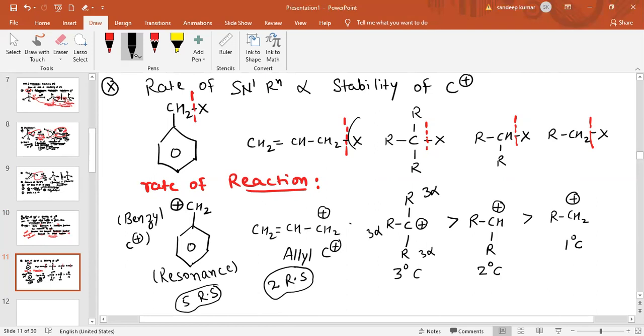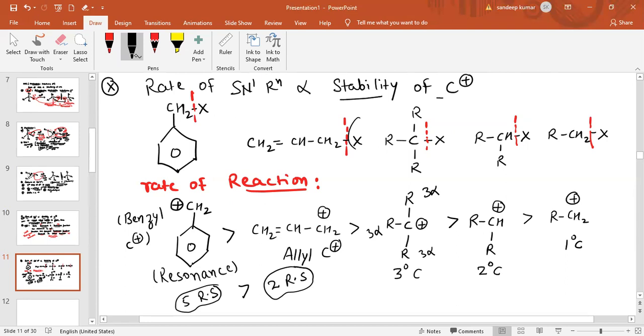And allyl carbocation, due to resonance, is more stable than 3-degree, and benzyl carbocation is more stable than allyl due to more resonating structures. So the rate of reaction can be compared by this order of stability of carbocation.